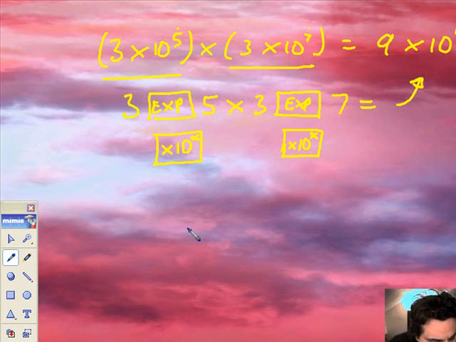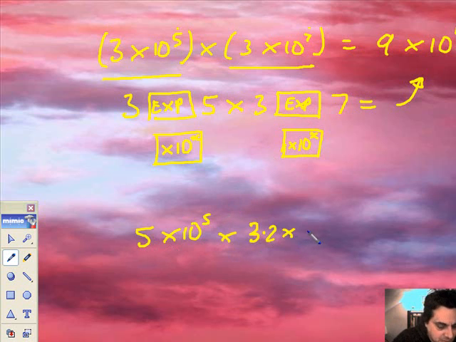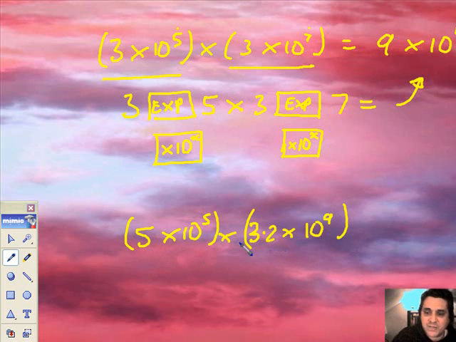Let's do another one. 5 times 10 to the power of 5, I believe. Yes. Times 3.2 times 10 to the power of 9. Now, if you don't like to use EXP buttons, you can of course work out the 5 times 3.2 straight away. So I'm going to do that with my calculator.